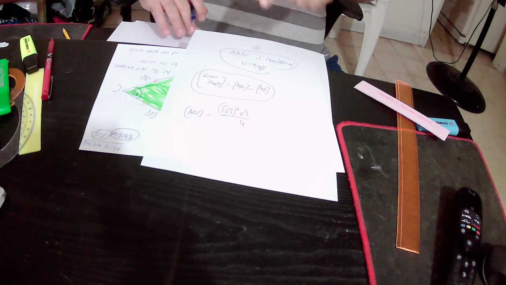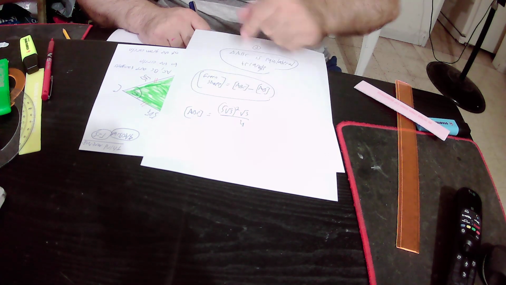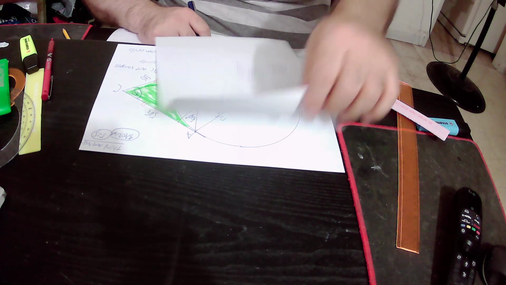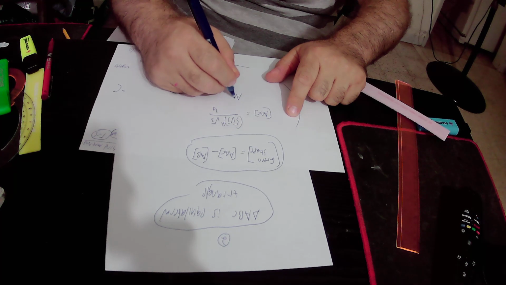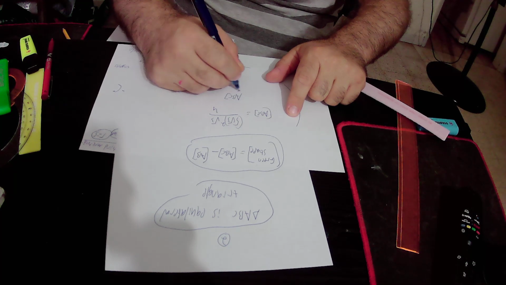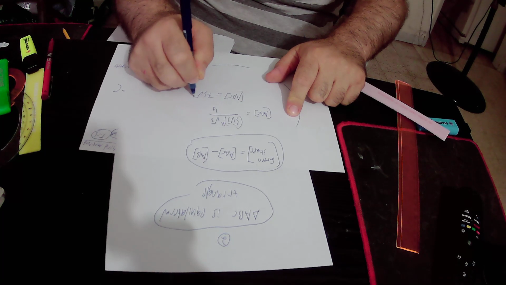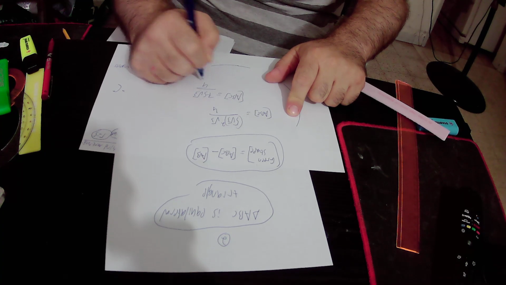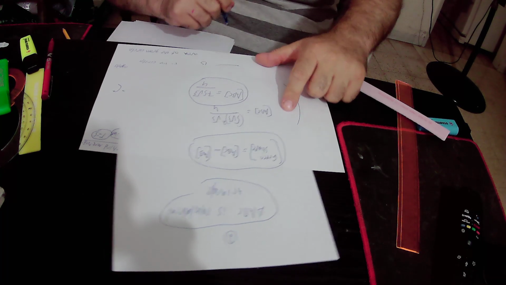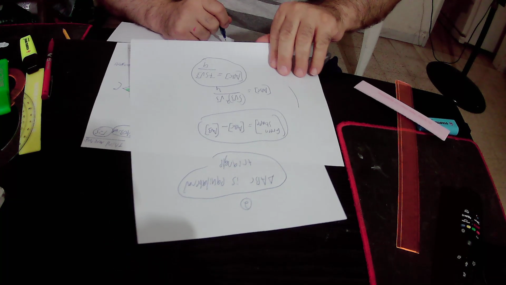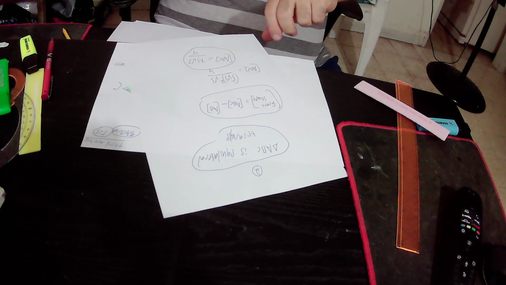That is to say, 5 times root 3 squared is 75. So the area of equilateral triangle ABC equals 75 times root 3 over 4 square units.